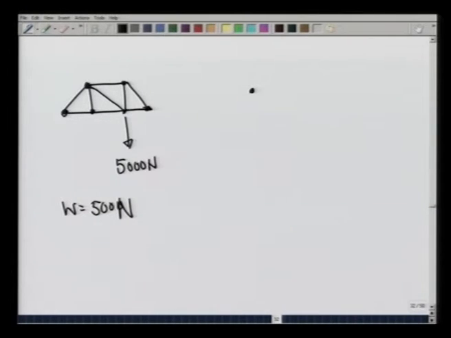Thus, pin A would carry the weight of member AB, which is 250, and member AF, which is 250, additional weight of 500 newtons. The reaction would change correspondingly.